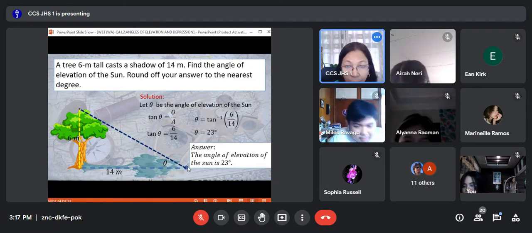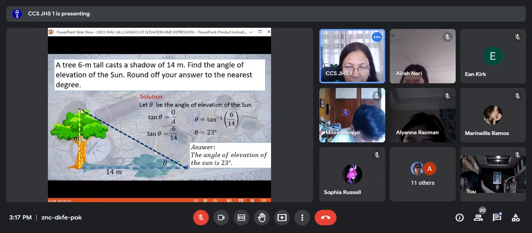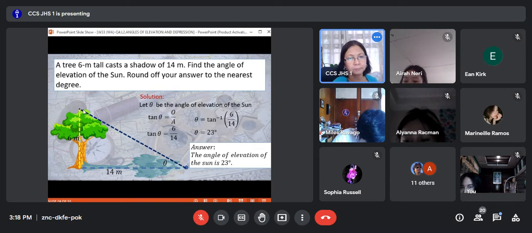Isn't it the shadow? The angle starts from the tip of the shadow to the top of the tree. Isn't the shadow formed because of the tree? So we start from the tip of the shadow to the top of the tree. Questions?